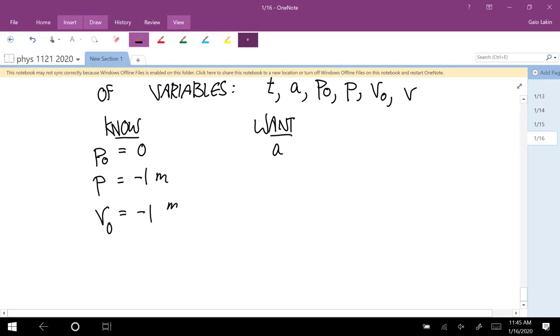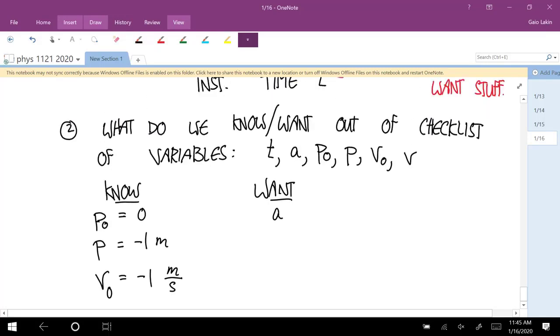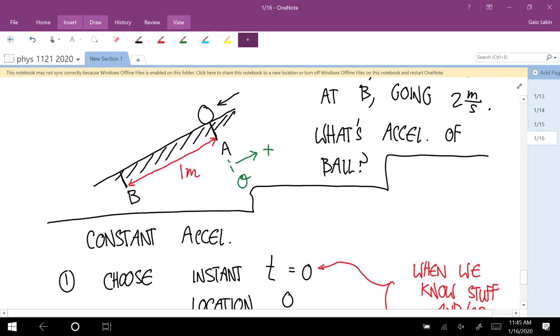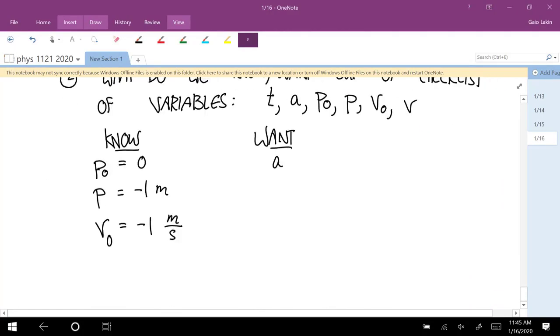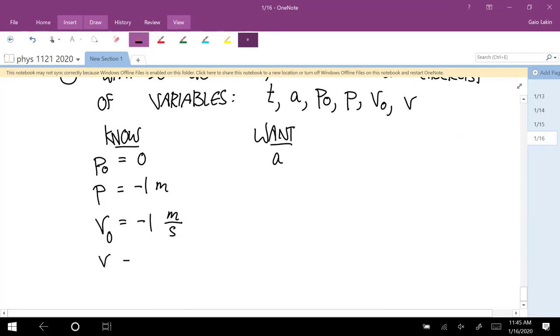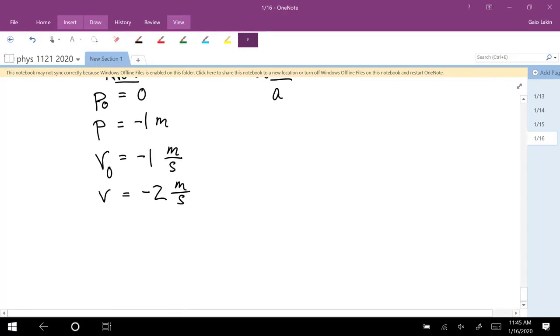This is -1 meter per second. And then what about the velocity when it passes the point B? That's right. So V is equal to -2 meters per second.